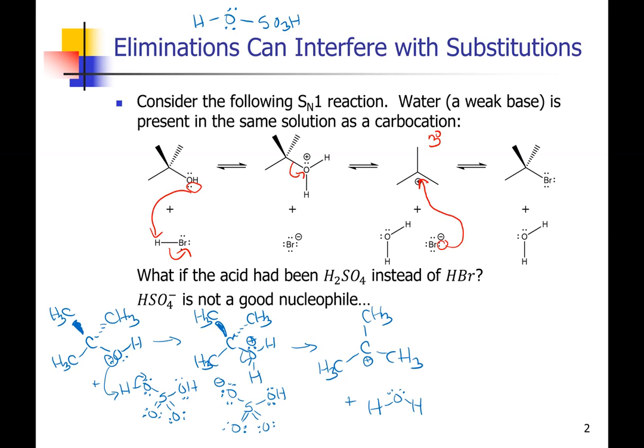If we look at what is in our flask that could feasibly function as a nucleophile, we can look at the hydrogen sulfate over here, but it's not nucleophilic, so that's no good. We can look at the water over here. It's not a good nucleophile, but it's somewhat nucleophilic, and we could arguably have the lone pair on oxygen come in and attack that carbocation, but all that does is take us back to the last step of the mechanism.